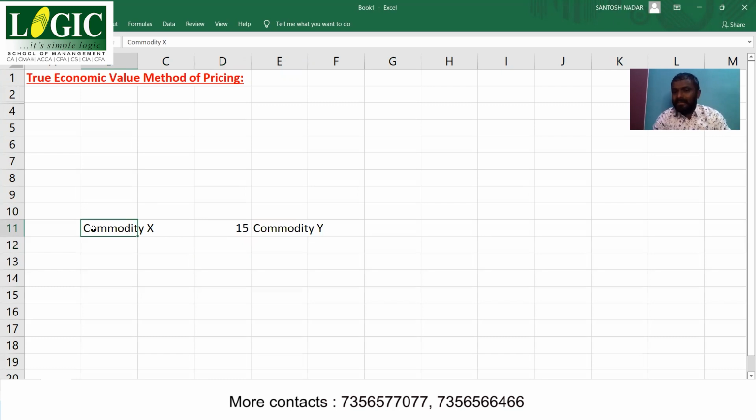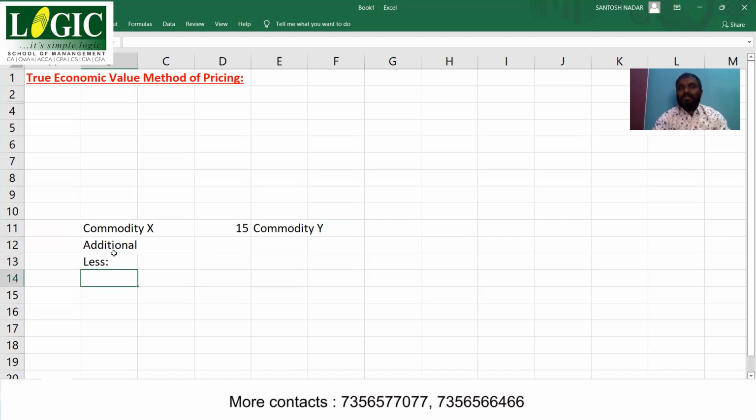If I feel that my commodity Y is giving something better than commodity X, I will charge an additional amount from my customer. And if I feel that my commodity Y possesses a feature lesser than commodity X, I will give the benefit to the customer. I will deduct that much amount from my price.